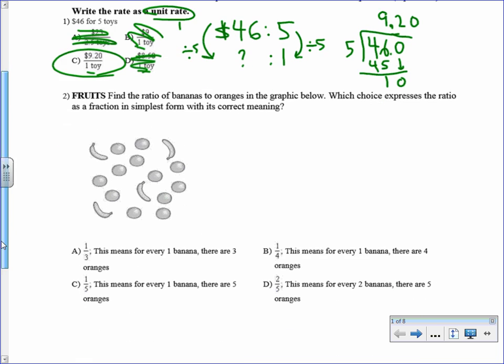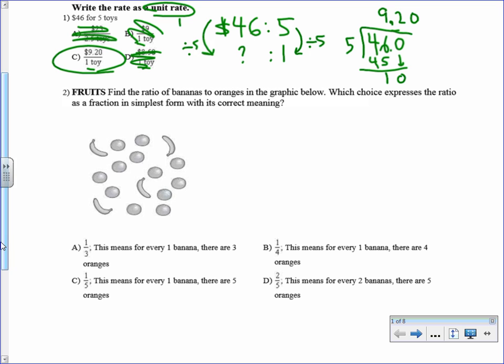All right. The ratio of bananas to oranges. I liked how some people did this. They counted the bananas, 1, 2, 3, 4. They counted the oranges, 1, 2, 3, 4, 5, 6, 7, 8, 9, 10, 11, 12. And they said, okay, 4 to 12, right? Because it's bananas to oranges, so bananas have to come first.